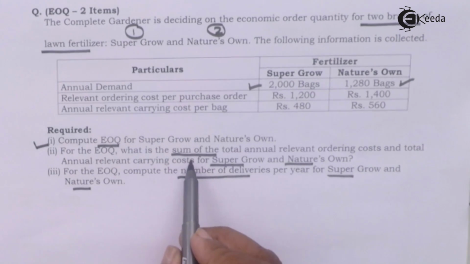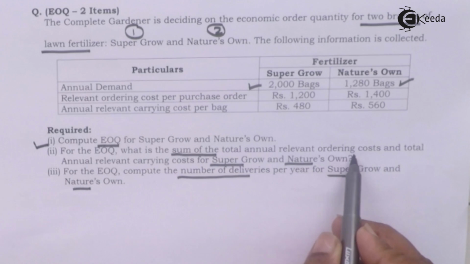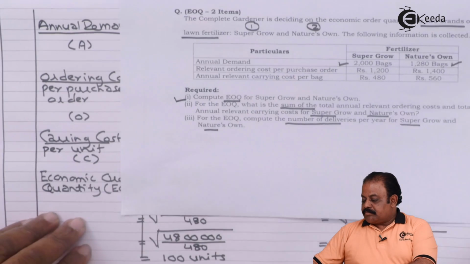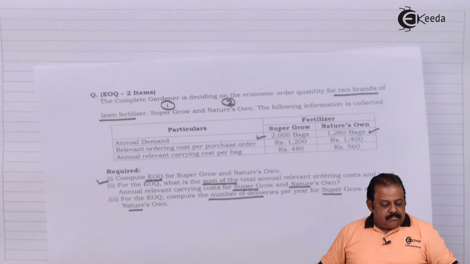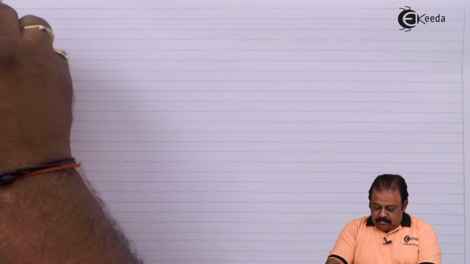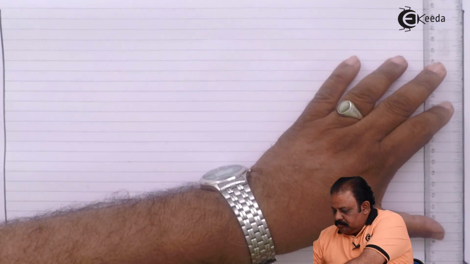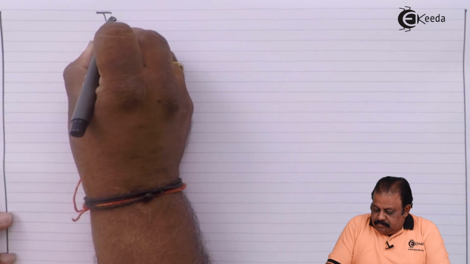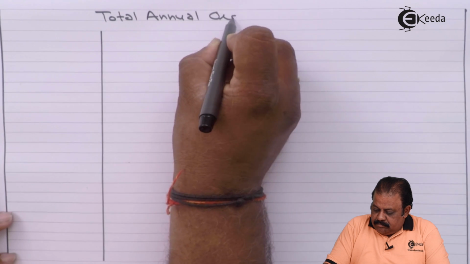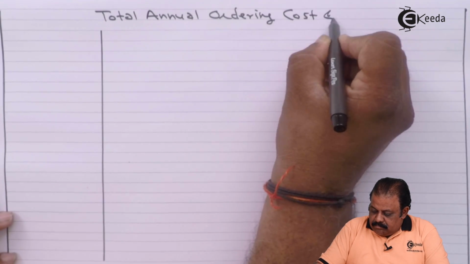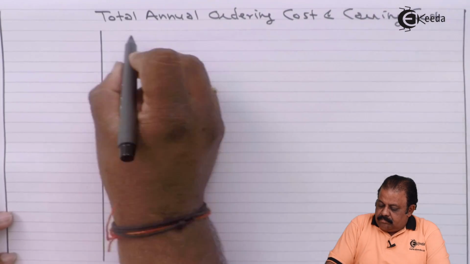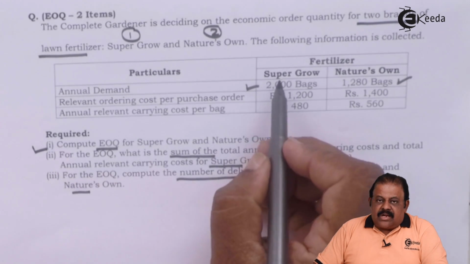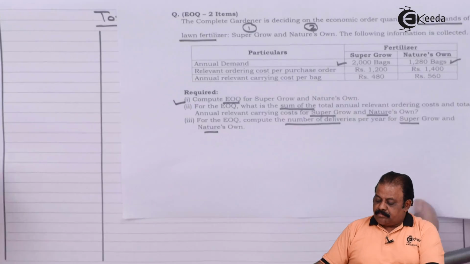Next, now we are required to calculate sum of total annual relevant ordering cost and total annual relevant carrying cost. First, we will consider Super Grow.